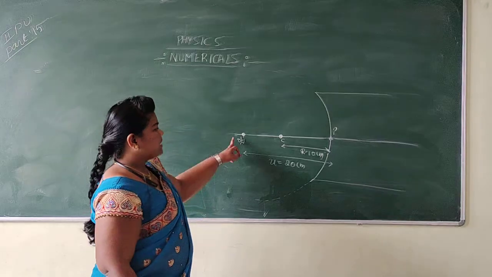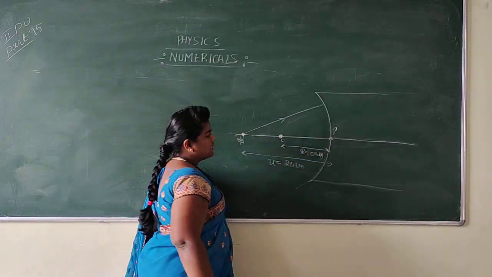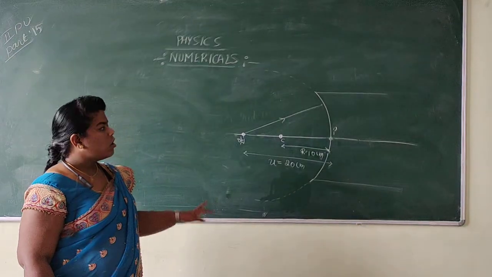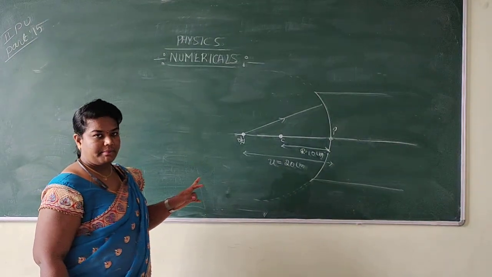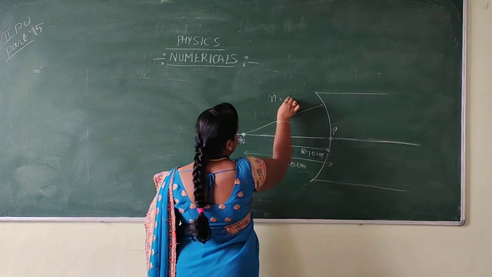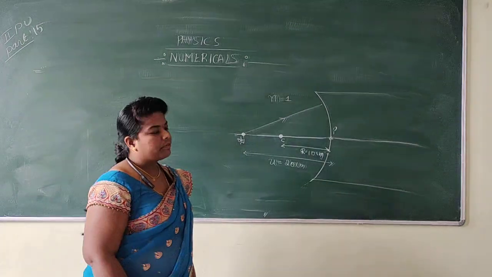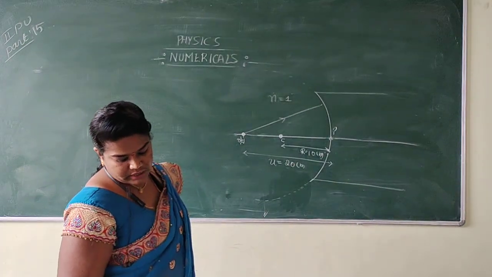Now the ray of light from the object is incident on the mirror. What have they said? Object is placed in rarer medium. So what does this medium become? It becomes a rarer medium, which is considered as 1. Next, what have they given?